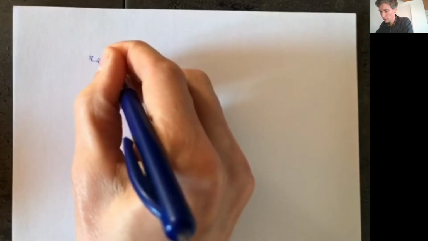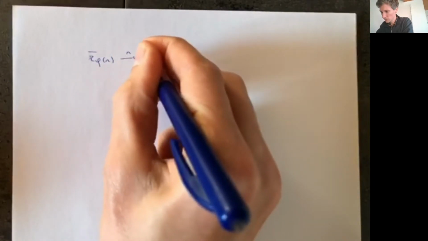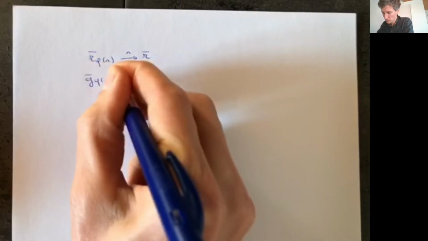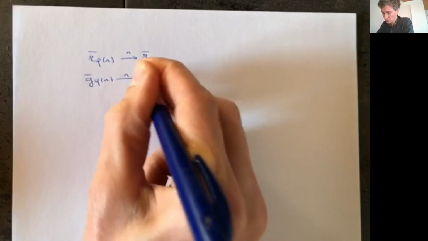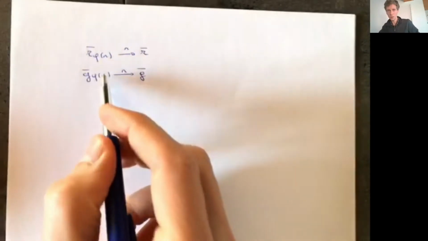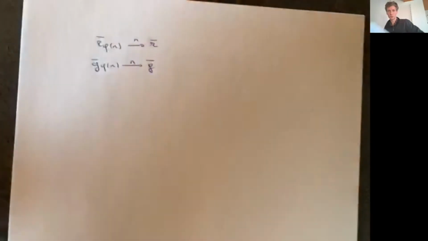Without going into too much detail, we know that there exists a subsequence R phi n that converges, for example, to R, and there exists a sequence G phi n that converges, for example, to G. So these are now subsequences of this one and this one.